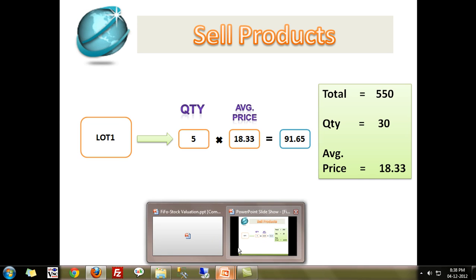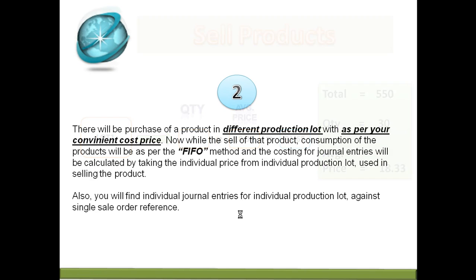Now let's see the next example. In the second example, there will be a purchase of a product in different production lots with cost prices as per your convenience. While selling that product, consumption of the products will be as per the FIFO method, and the costing for journal entries will be calculated by taking the individual price from the individual production lot used in selling the product.